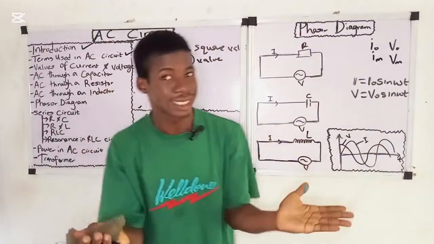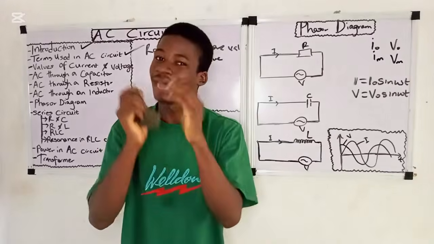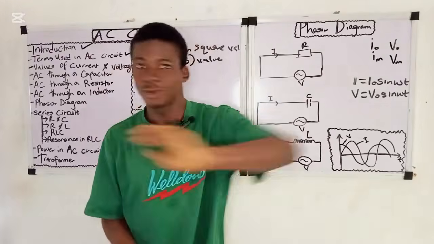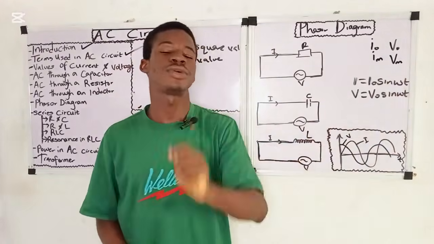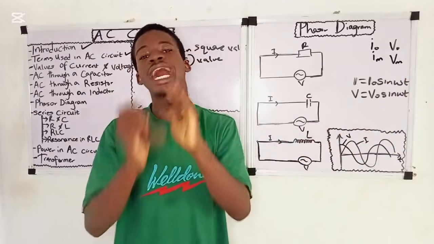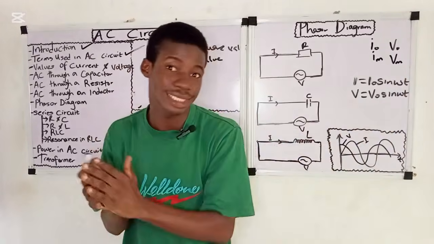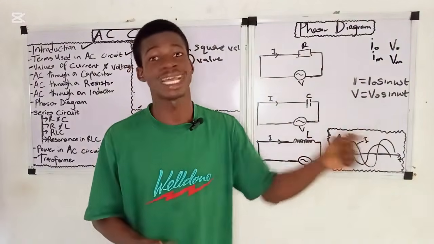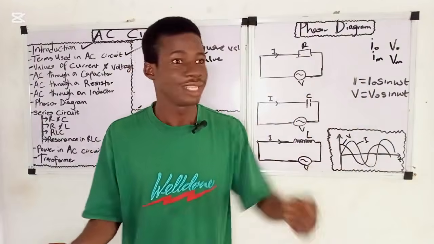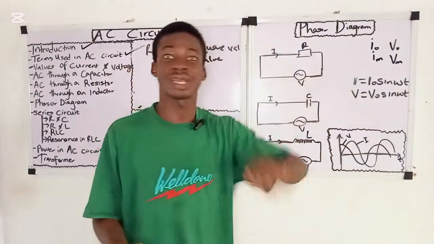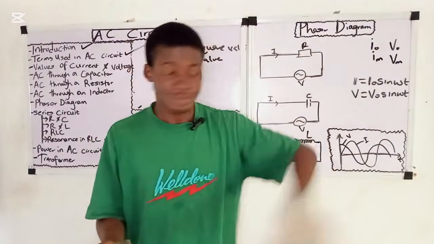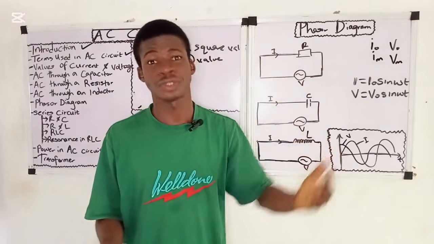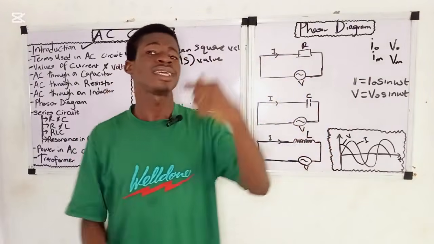A direct current is produced by a battery and flows in one direction, that's why it's called a direct current. But an alternating current is called alternating because it changes with time and reverses direction. The direction is not direct. If the current flows in a clockwise direction, it can also flow in an anti-clockwise direction.